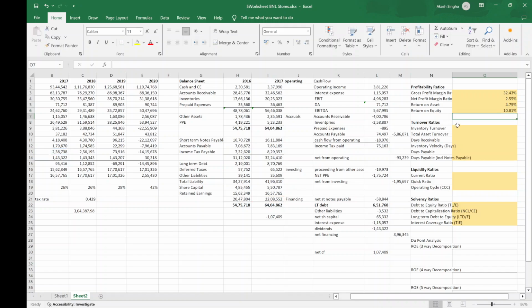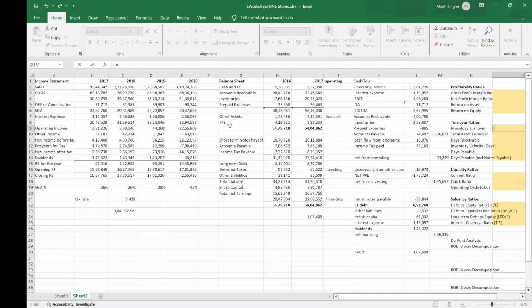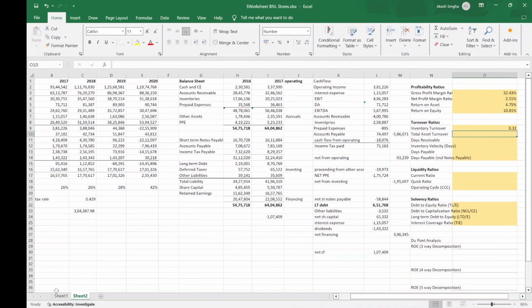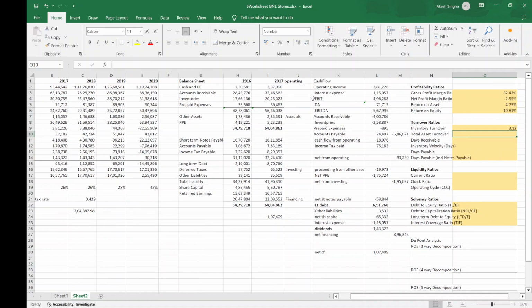So inventory turnover is inventory by cost of goods or cost of goods by inventory, one among them. I think it's inventory by COGS. 0.32. Nope, it's the other way around. It's inventory turnover, right? It's turnover by inventory.